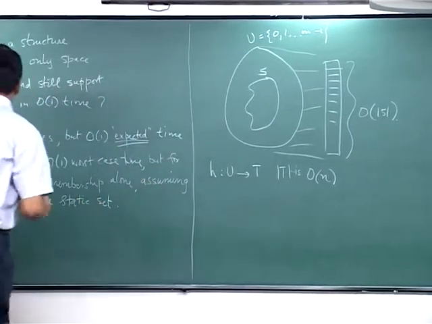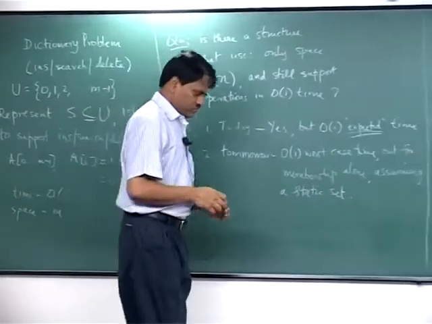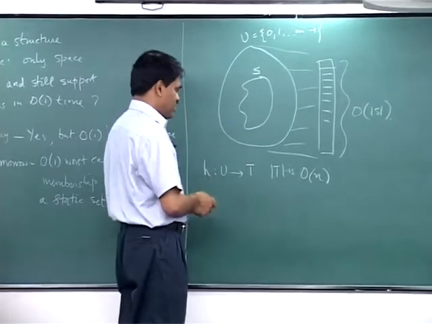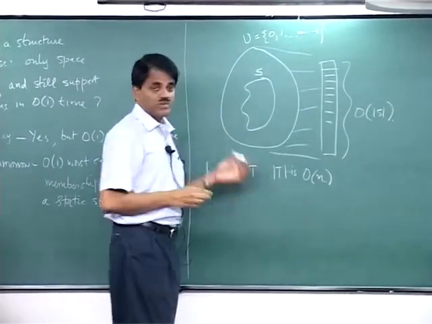So, the natural thing to deal with the space issue is that I somehow map this universe into a smaller size set.